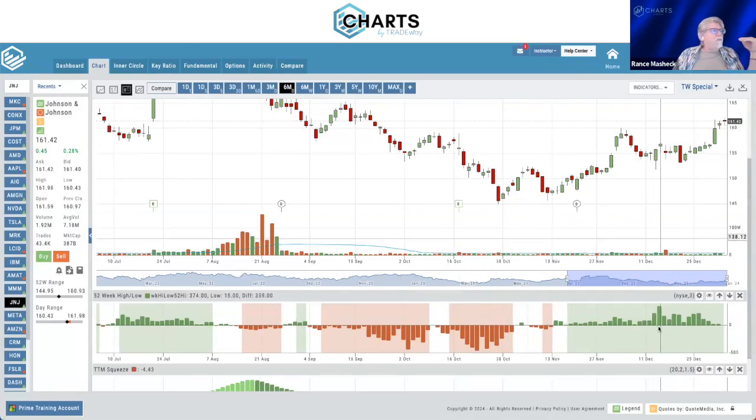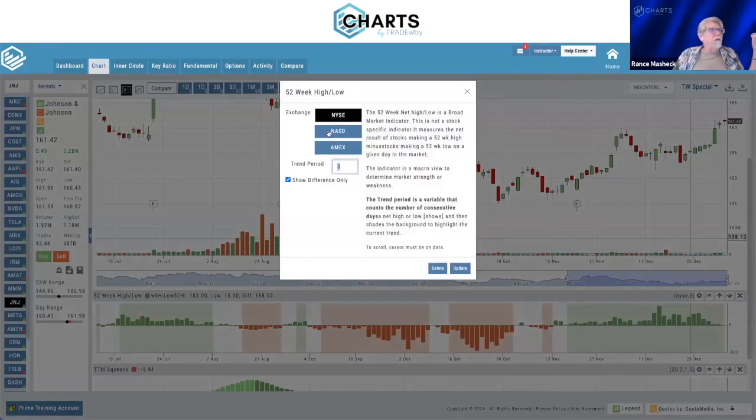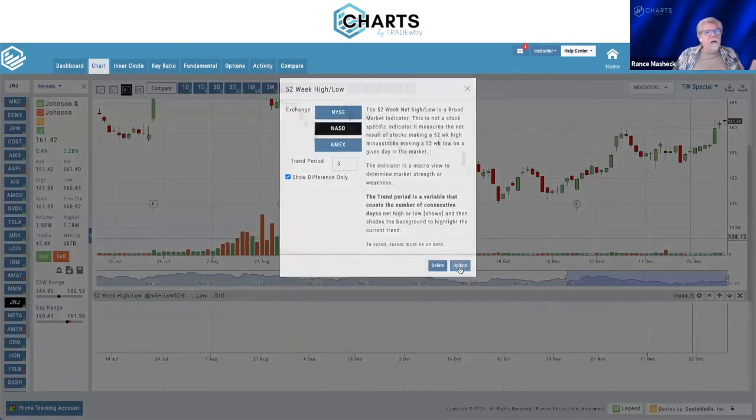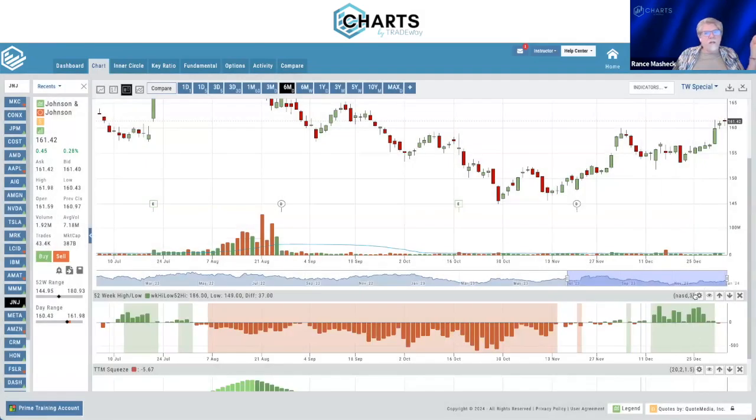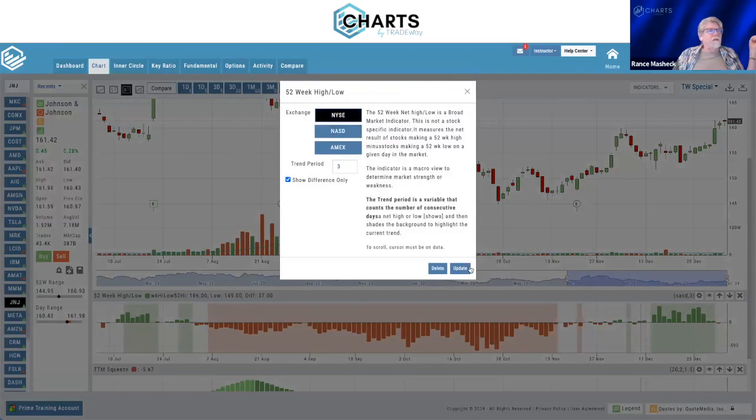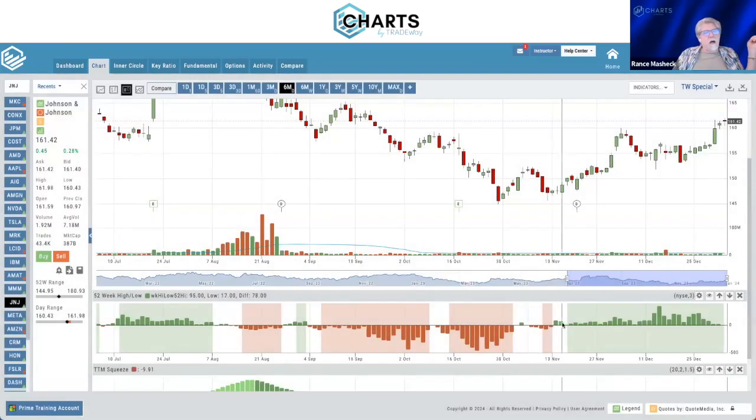This is looking at 52-week highs and lows on, in this case, the New York Stock Exchange. Again, if I want to change that and go, let me look at the NASDAQ, I can do that. It'll update. Now I'm looking at the ones on the NASDAQ. And then I can go back to New York because that's the default. And then I can define how many days it takes to establish a bullish trend or bearish trend, right?